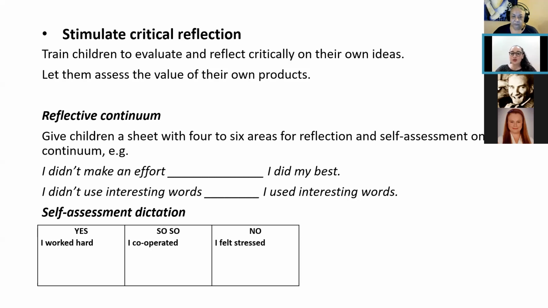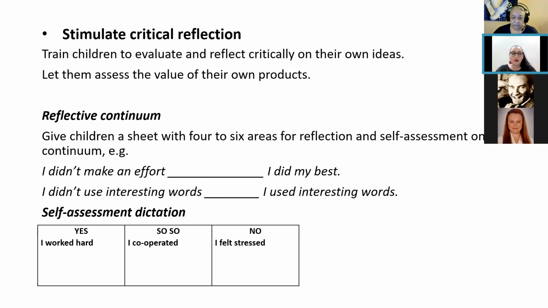You can also use self-assessment dictation. Ask students to make 3 columns in their notebooks and write yes, so, or no at the top of each one. Then dictate sentences, for example, I worked hard, I cooperated.